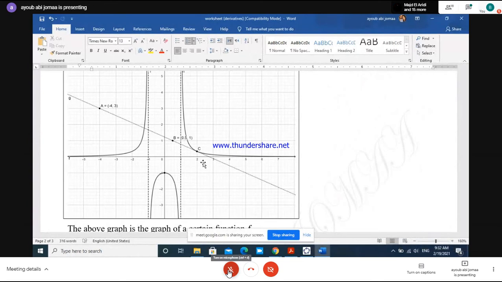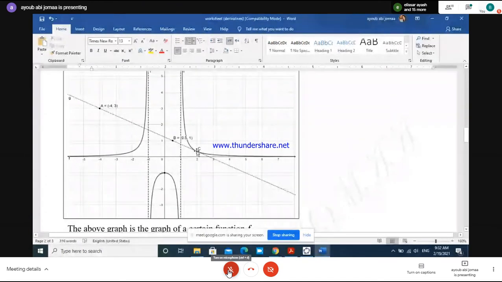So here, f prime of 2, graphically, is the slope of the tangent line to the curve at the point of abscissa 2. To repeat again, f prime of 2 is the slope of the tangent line to the curve at the point of abscissa 2. So it means it is the slope of line AB.